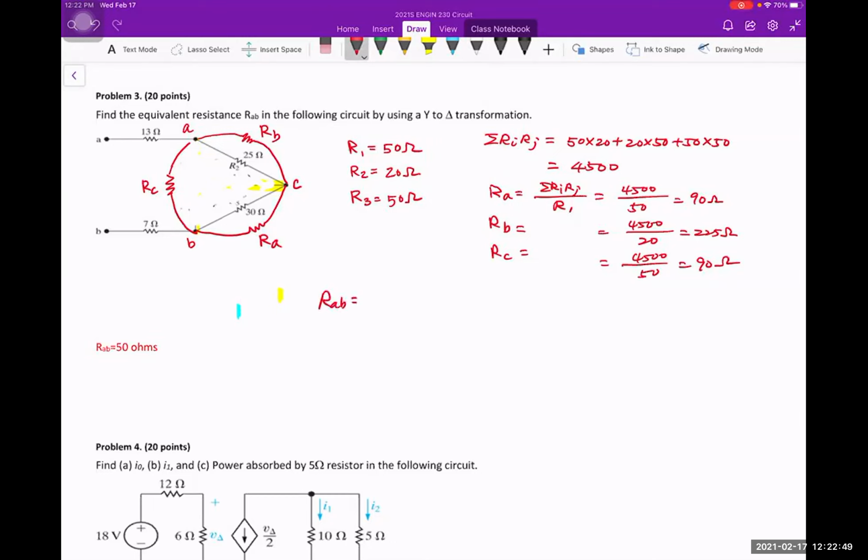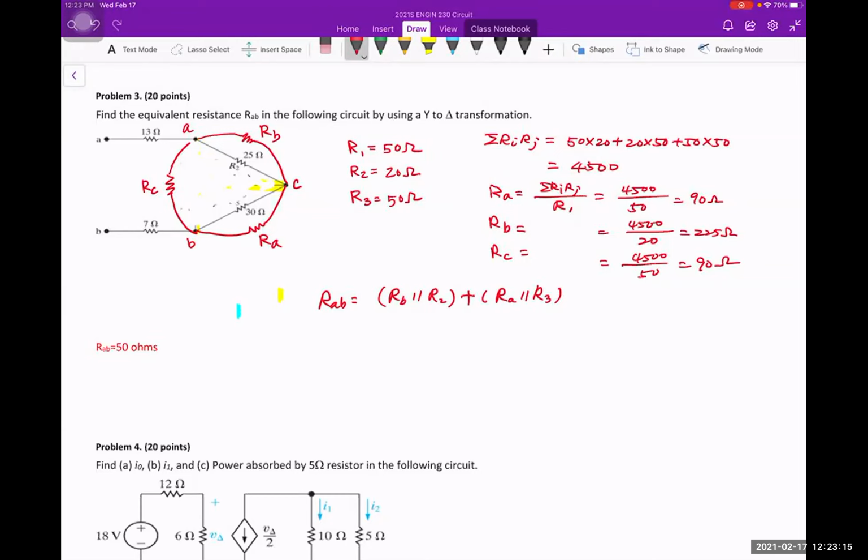Now, after you do the transformation, you have RB in parallel with R2, and that is in series with R3, I think. Yeah, RA in parallel with R3.